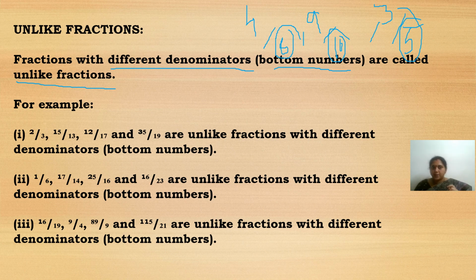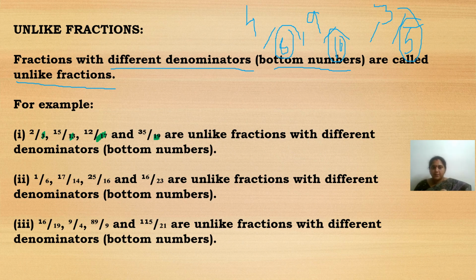So for example, 2 by 3, 15 by 13, 12 by 17, 35 by 19 are unlike fractions with different denominators. If you observe here, your bottom numbers are 3, 13, 17, 19. These are different numbers in the bottom. So such types of fractions are known as unlike fractions.